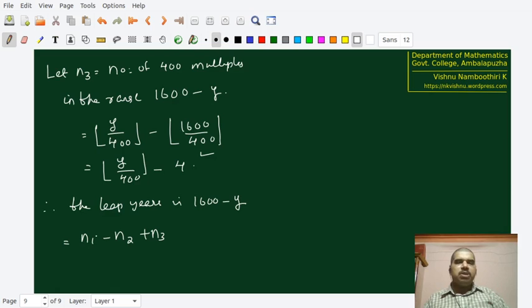All 4 multiples included, centuries removed, but while removing centuries, we might have removed 400 multiples, which are added back, and therefore this is equal to, just add all these things and get the final answer. This is a very nice application of the inclusion exclusion principle. Though we have not explicitly used that principle, we are actually including and excluding as in the result of the inclusion exclusion principle.